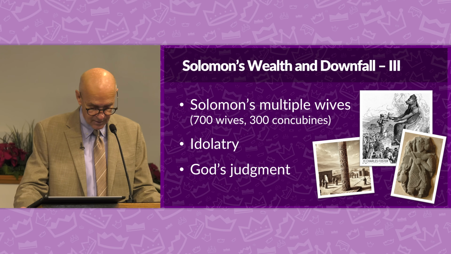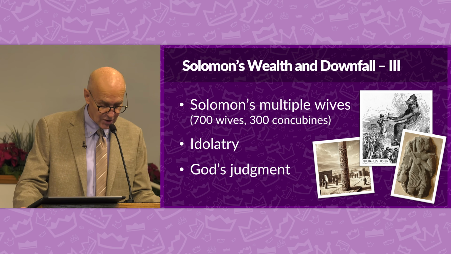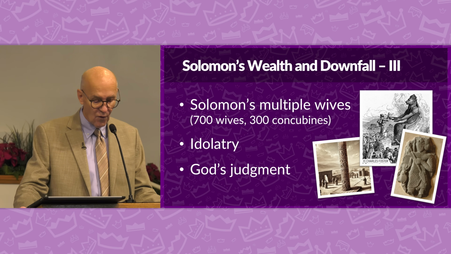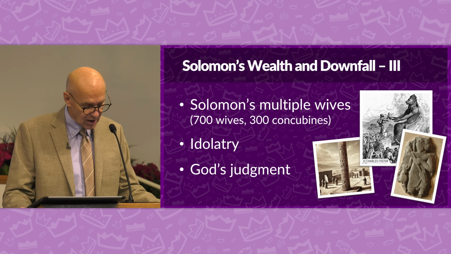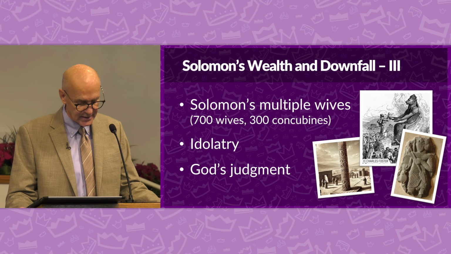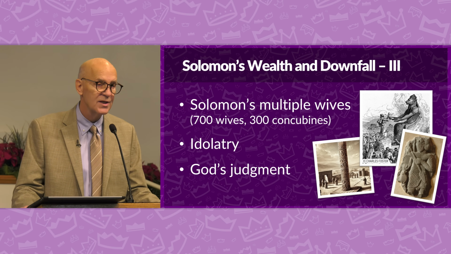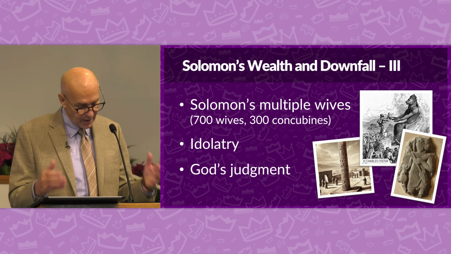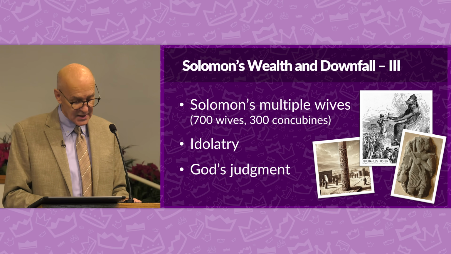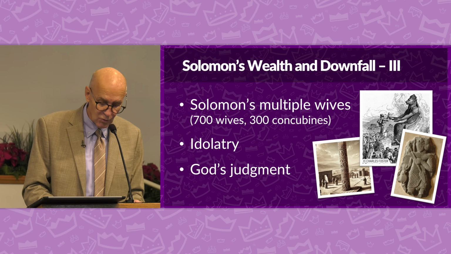And amazingly, he begins to worship and build high places for foreign gods like Ashtoreth and Molech and Chemosh, gods of the Moabites and the Ammonites and the Sidonians. His idolatry leads to Israel's spiritual decline. God becomes angry with Solomon for breaking his covenant and commands, especially after God had appeared to him twice.